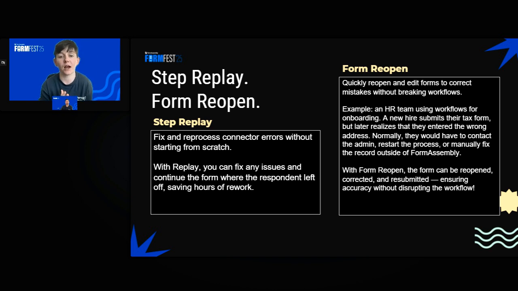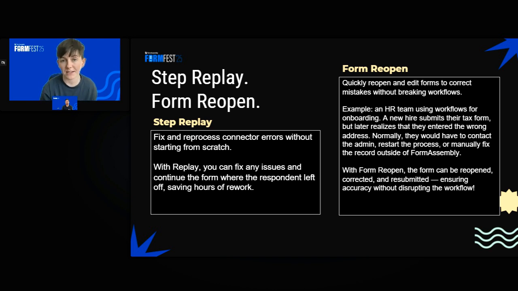And the other one is form reopen. So you can quickly reopen and edit forms to correct mistakes without breaking the workflow. An example, just to give you an idea of why you might use this: an HR team is using workflows for onboarding. Say a new hire submits their tax form, but later they realize they've entered a wrong email address or some sort of wrong data.